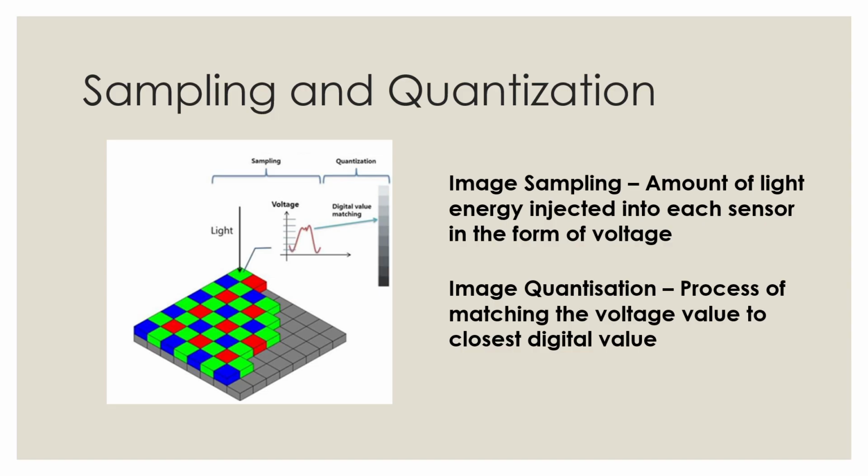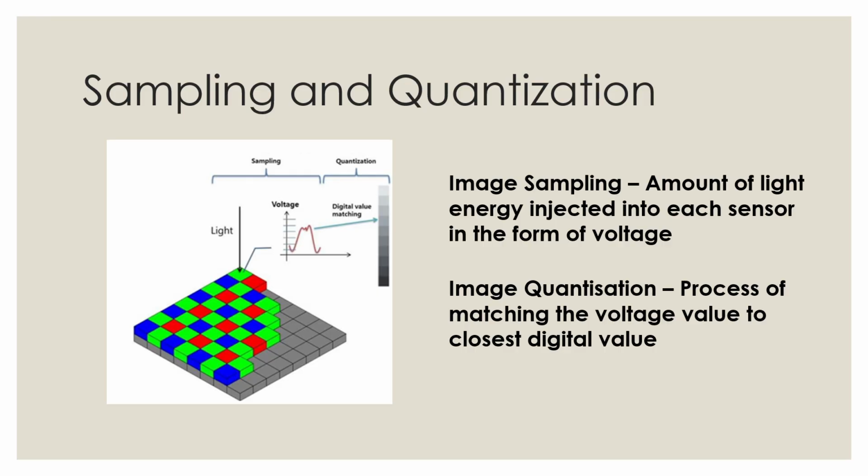Next we'll see an important topic called sampling and quantization. These are the fundamental steps useful in converting an analog image to a digital image. The real world images are analog images. Whenever we capture an analog image using a digital camera, we get a digital image.